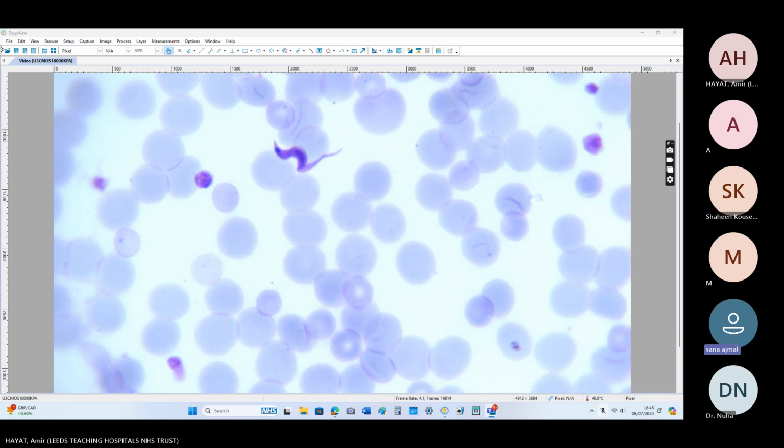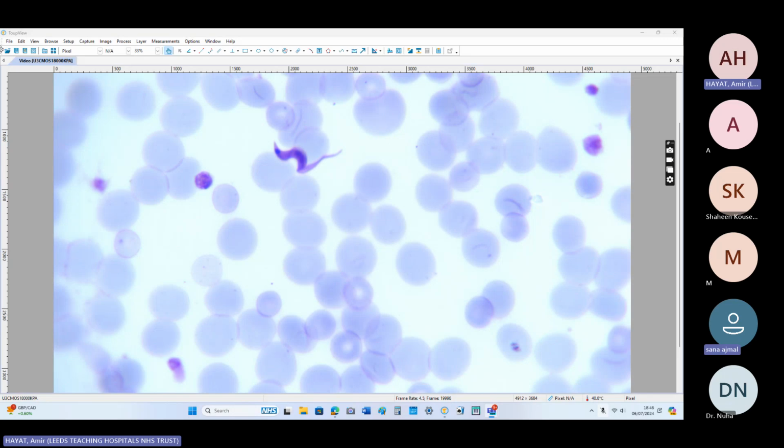Trypanosomiasis. The nucleus is in the body of the worm. Should I describe in more detail? No, they do not expect much description from you. If you have identified that there is trypanosoma there, that is fine. There's no need to mention where the nucleus is and the pointed head and the pointed tail.